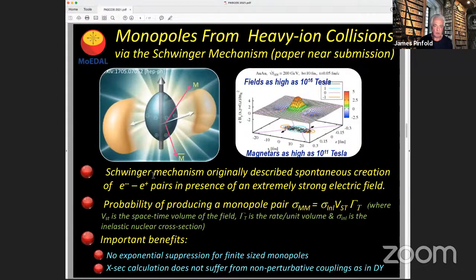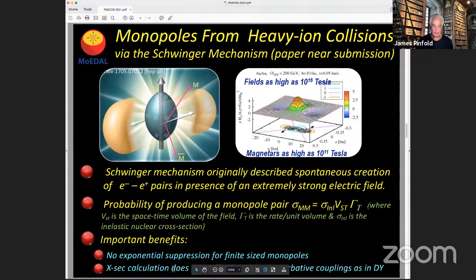And we're looking for monopole production via the Schwinger mechanism, which essentially is an analog of e+ e- pair production in the presence of an extremely strong field. We have monopole pair production in the presence of an extremely strong magnetic field. What's important about this approach is there's no exponential suppression for finite size monopoles. In the previous searches, if the monopole had a finite size, you would expect the cross-section to be exponentially suppressed.